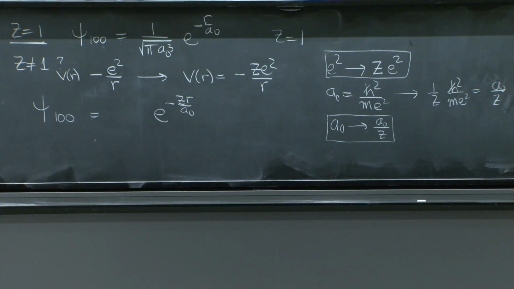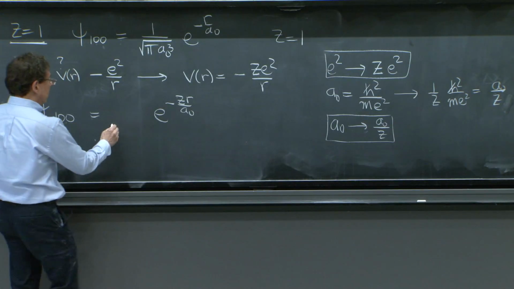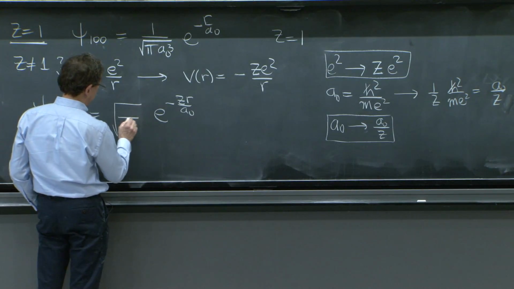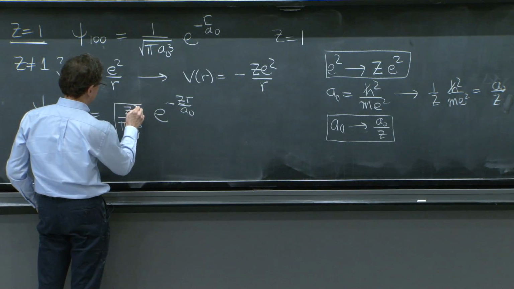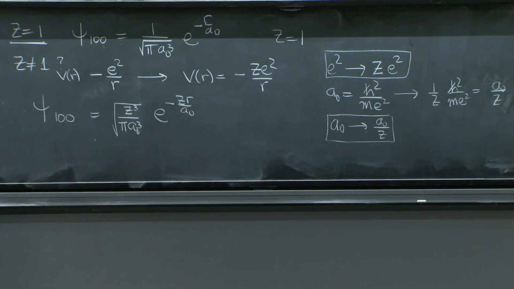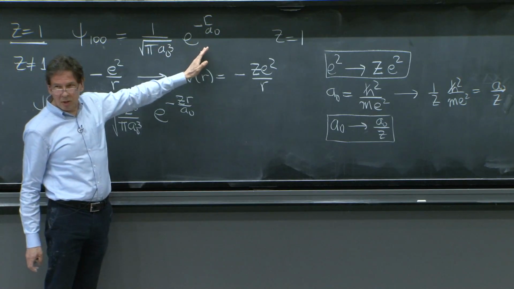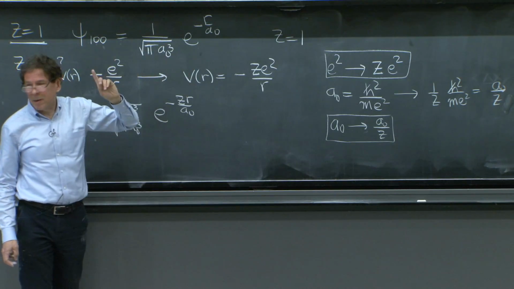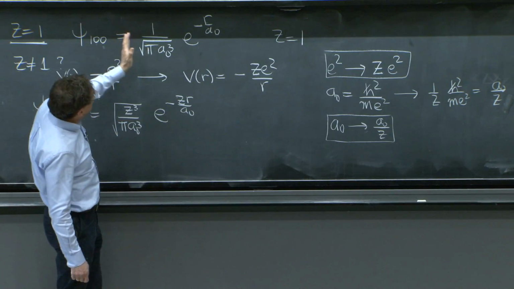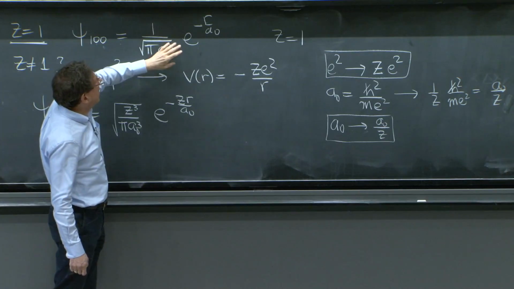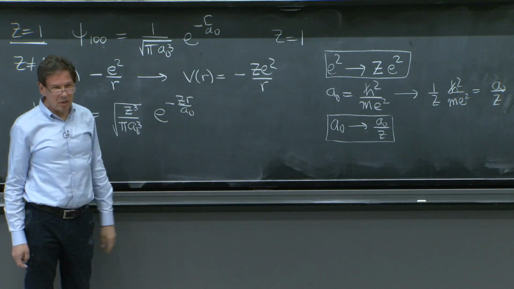And can I get the normalization even right at this moment? Yes. Let's do the same change here. Pi A0 cubed z cubed. And this must be right because, in fact, if this wave function was normalized, when you do the integral, somehow the A naught did not matter, must not matter.